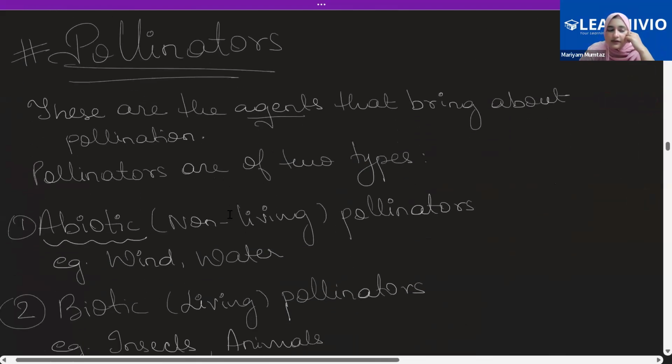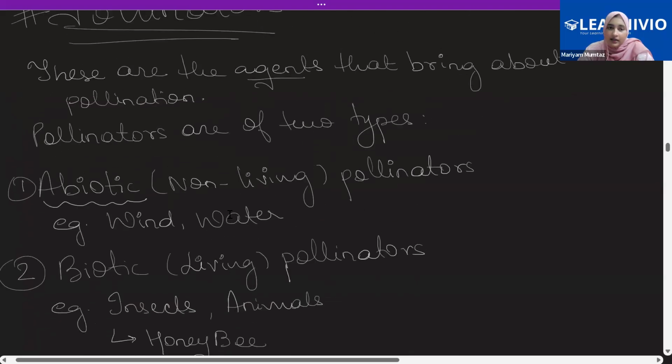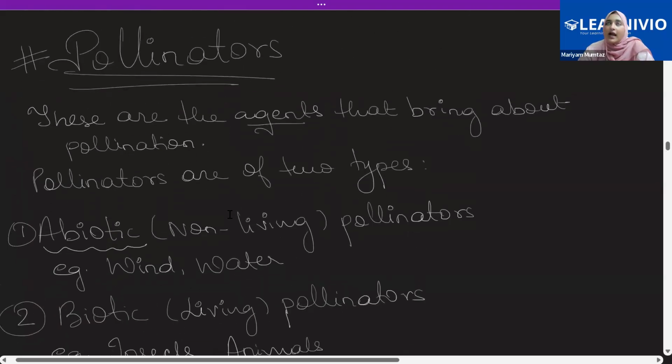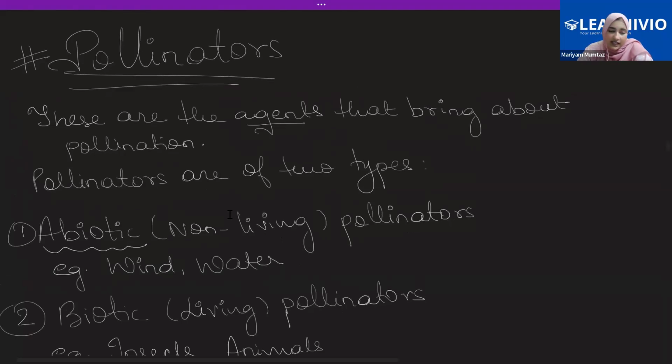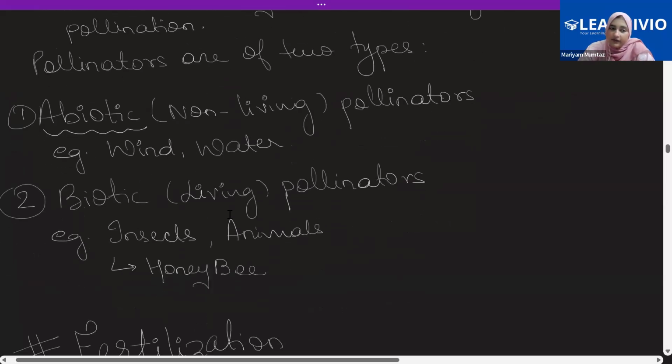Then comes the pollinators. Pollinators are the agents that cause the pollination to happen. For example, the pollen grains have to be transferred from the anther to the stigma. This transferring process is done by some sort of agent, and that agent of pollination is called a pollinator. Pollinators are of two types: either living pollinators or non-living pollinators.